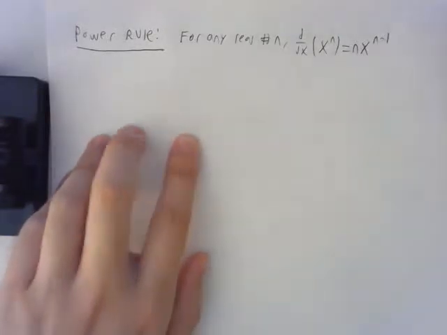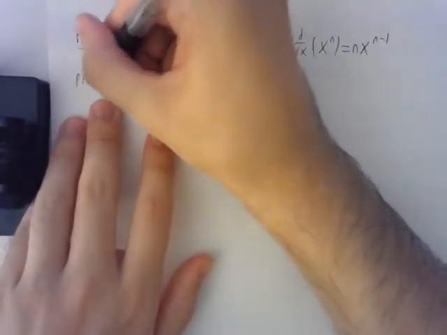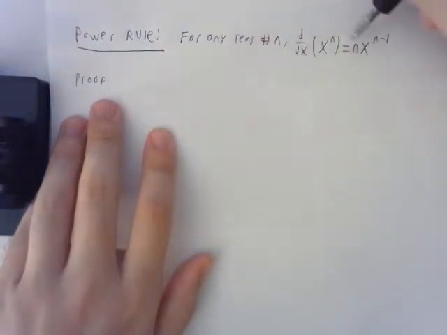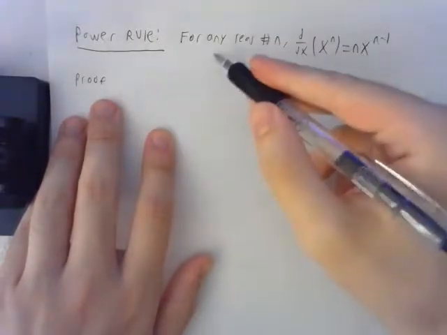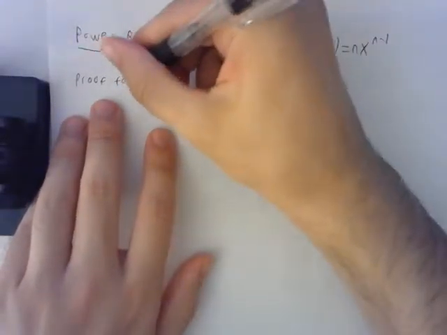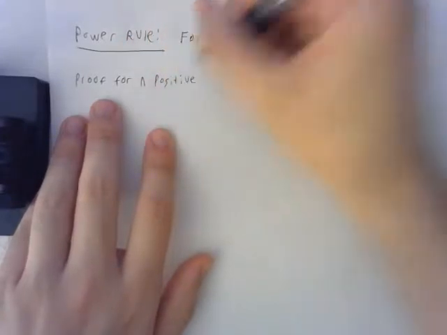So let me do a proof of this. Well, it's not really going to be a proof of this statement because proving it for any real number is a bit challenging, but I'll prove it for the case of n being a positive integer.